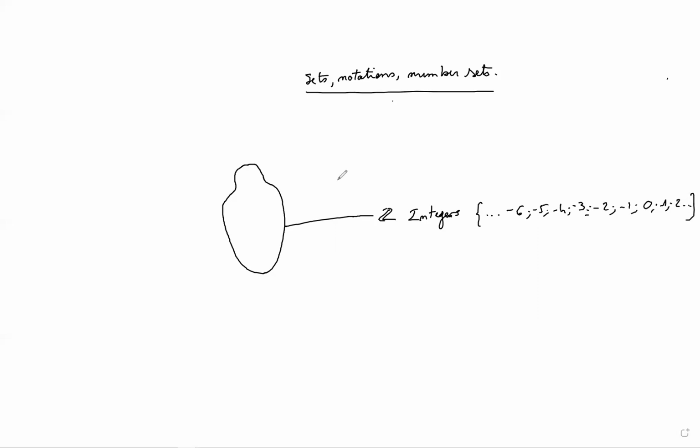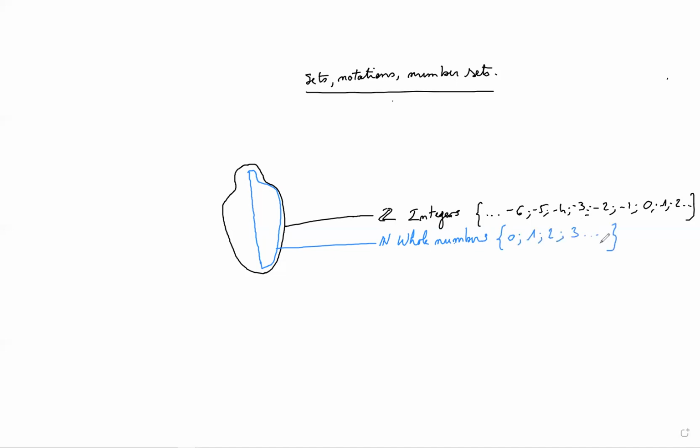These are the integers. Inside the integers, you have the whole numbers. So the whole numbers are the positive numbers among the integers. Which means I'm starting from 0 and taking only the positive ones.